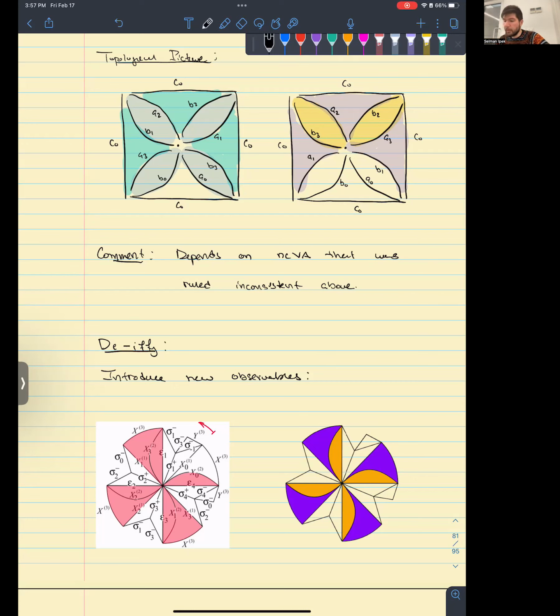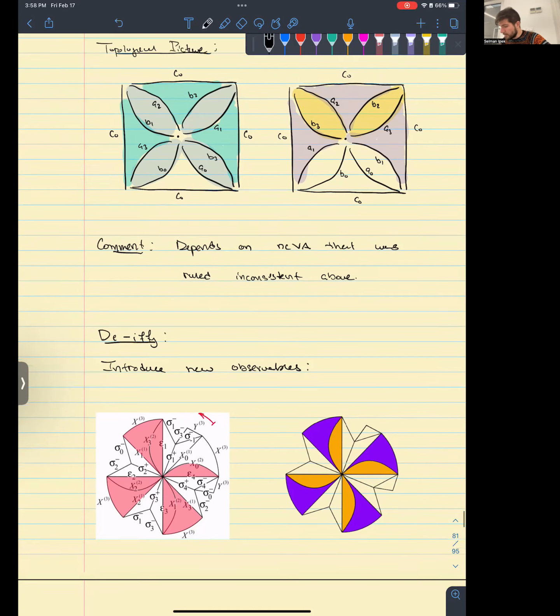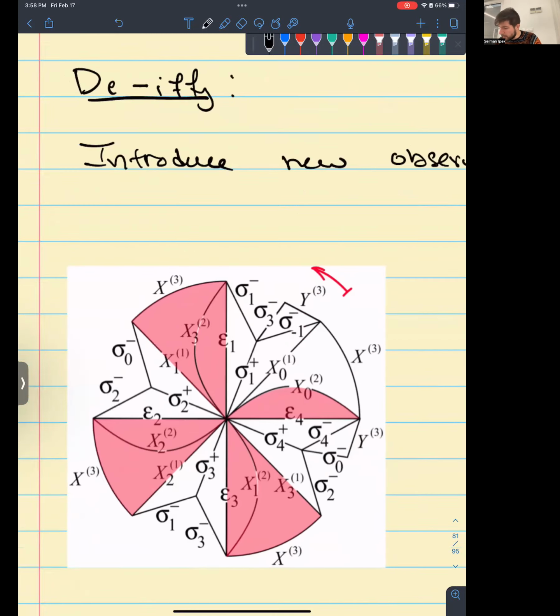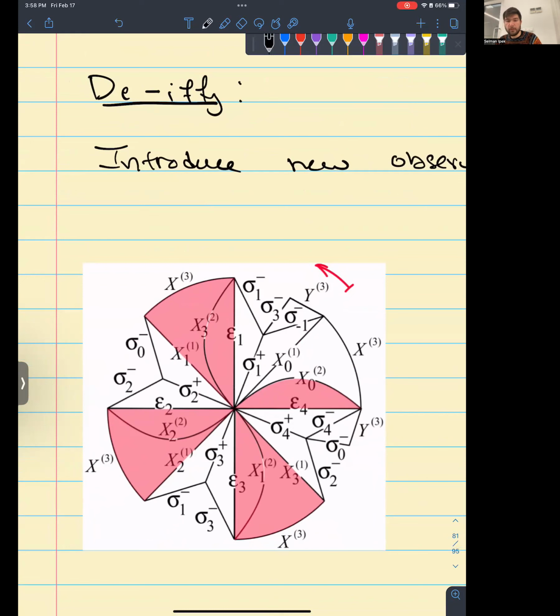So we want to refine the picture somewhat. The basic idea is that we introduce new observables such that in every face here, when you zoom in on this, you will have these commutation relations, which I will write down. This defines how you can assemble these things into faces.